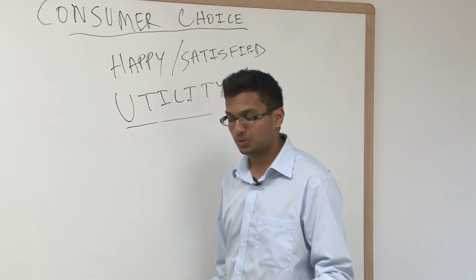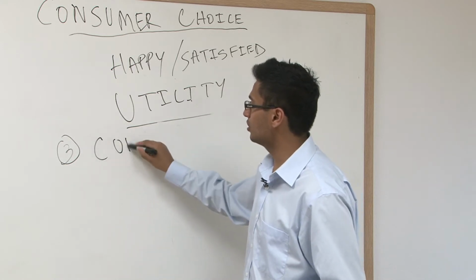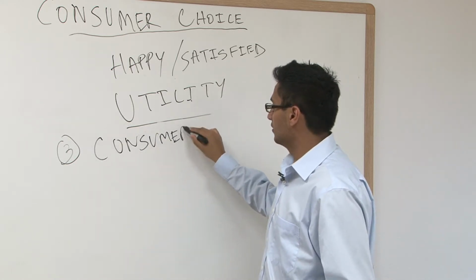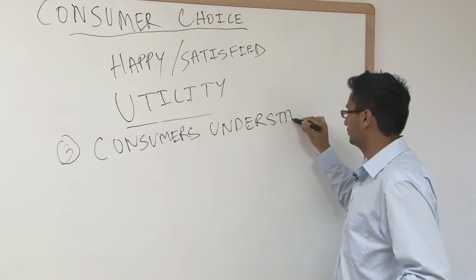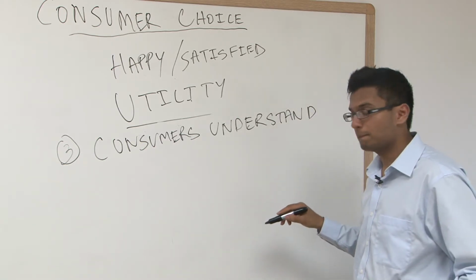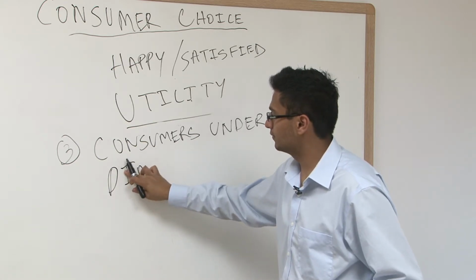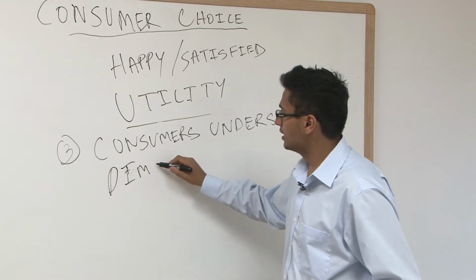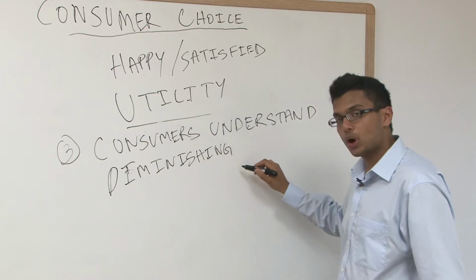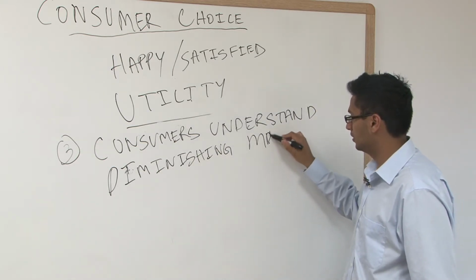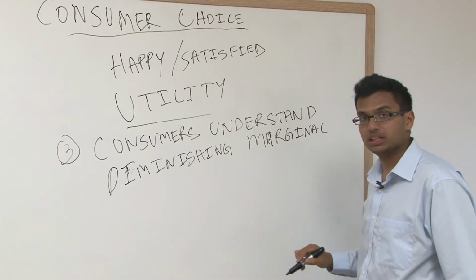So what's 3? 3 is, and this is probably one of the most important things in my opinion, that consumers understand diminishing, and these are a couple important words, diminishing marginal utility.